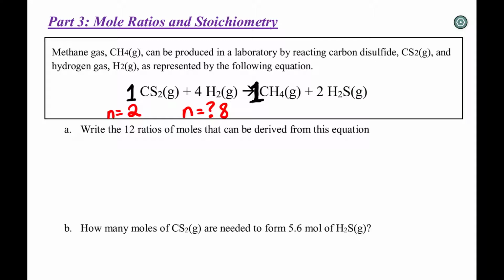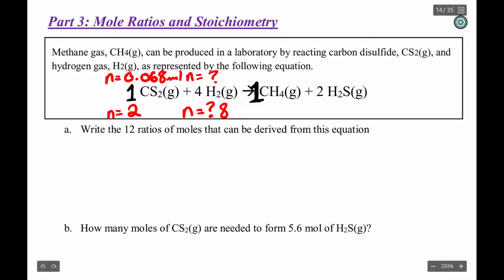What becomes harder is if I said something like this. Well, what if you had 0.066, I don't even know, let's say 0.068 moles of CS2? It would be harder for you just in your brain to go, what's 4 times that amount, to come up with the number of moles here. It seems a little bit more difficult, but that's all we're really doing.